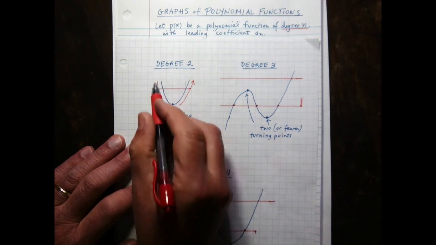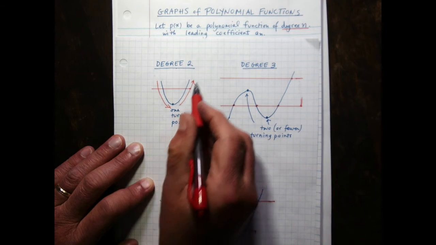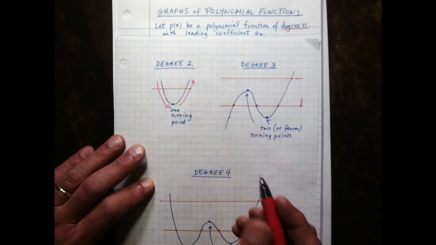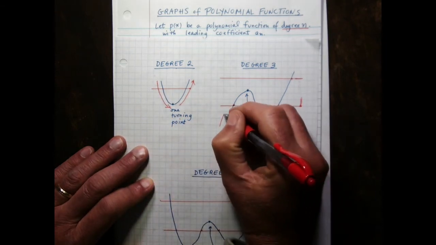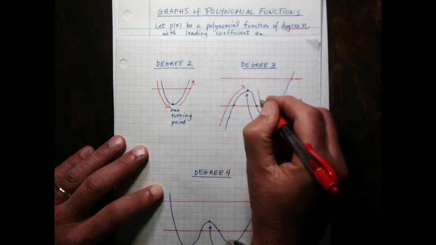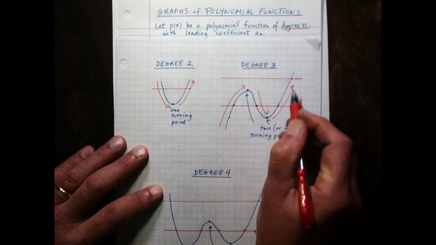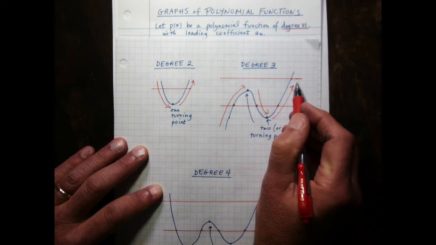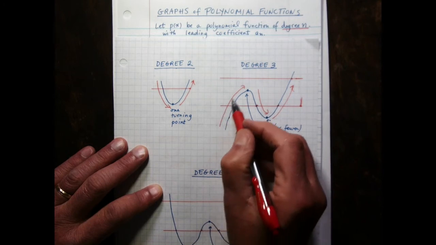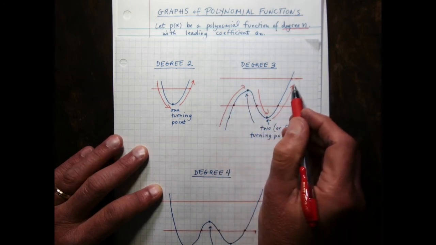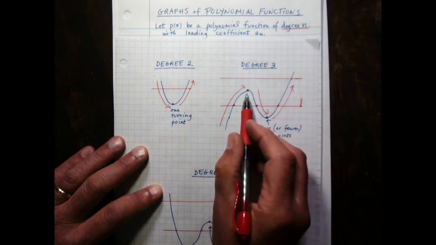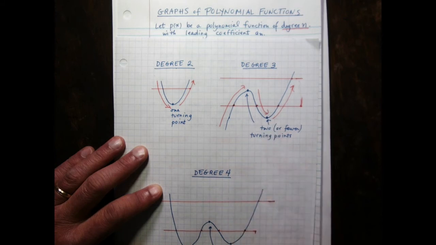So for degree 2, if I go down, up, 1, 2 matches the degree. For degree 3, I go up, down, up, 1, 2, 3 can match the degree. Of course, it could also be less than that, right? So 1, 2, 3 increasing, decreasing portions, just 2 turning points.